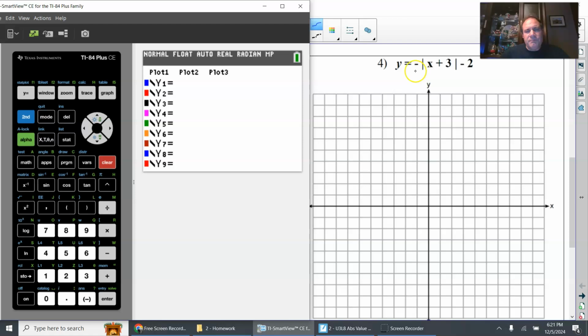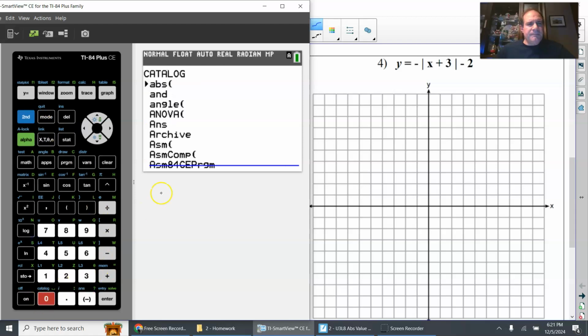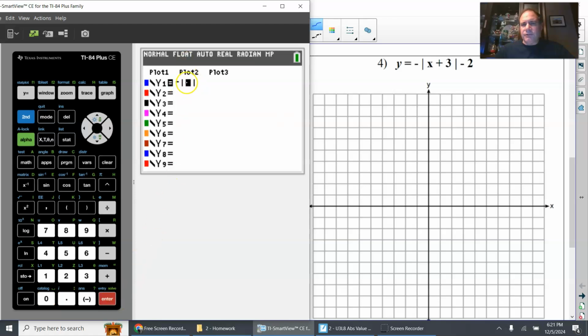And just remember, when you put a negative outside of the absolute value bars, you have to put the negative in first. Then you could go second function 0, and there's the ABS. And when you go back to the y equals, notice the negative is outside. Then you're going to press x plus 3 for this particular one on the inside of the bars, and then minus 2 is on the outside.